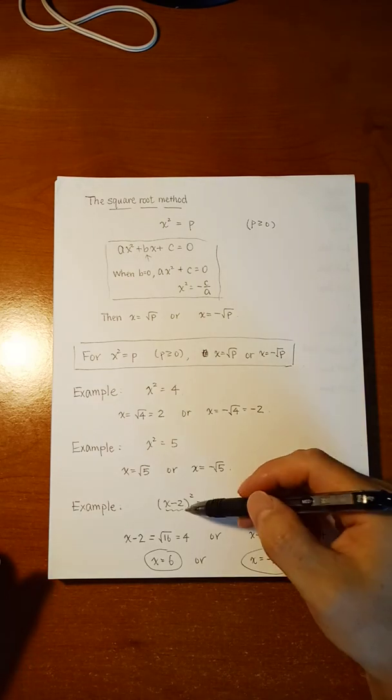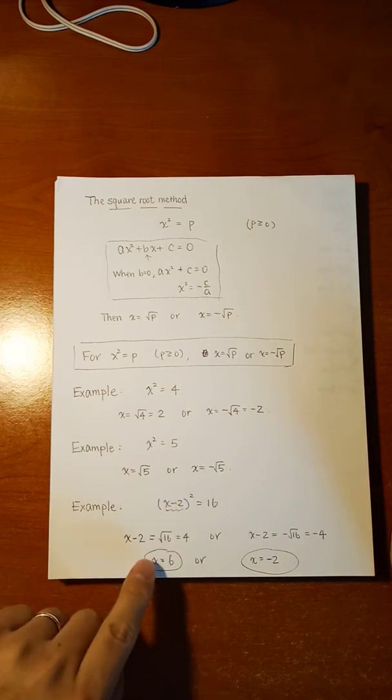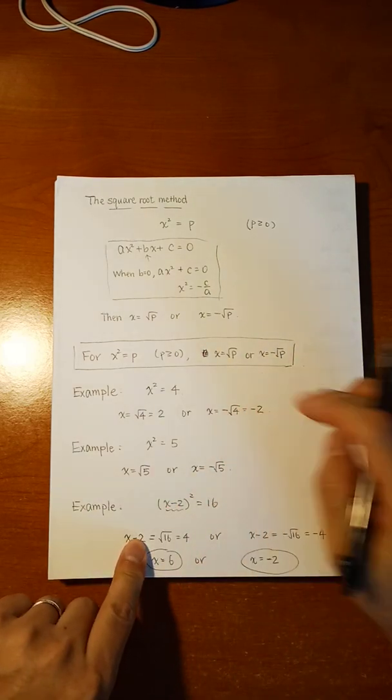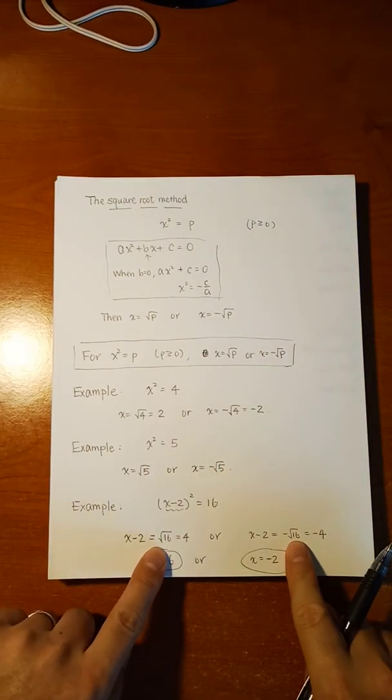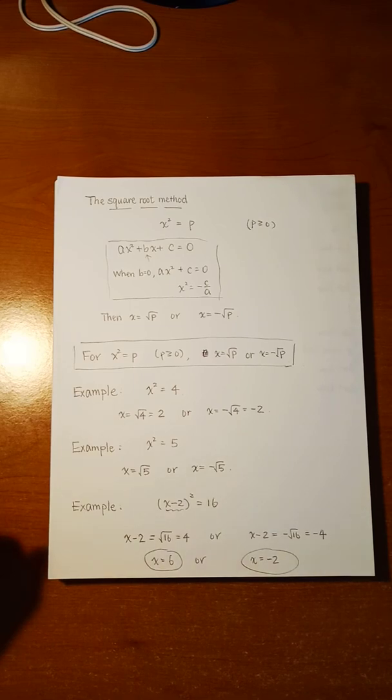Okay, so when the left-hand side is some quantity squared, not just x squared, you should first consider this quantity as one thing and apply the square root method. You have either positive square root or negative square root, and then you solve the rest of the simplified problem.